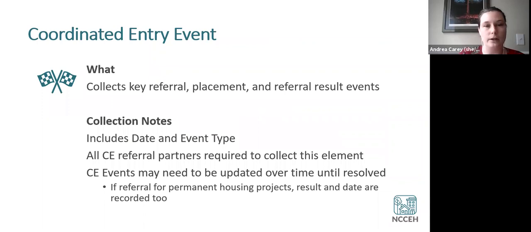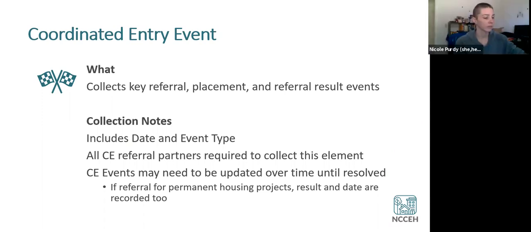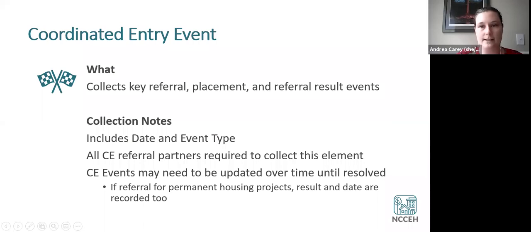Okay, let's go over coordinated entry events before we go and demo these two related elements. So the coordinated entry event pairs well with our coordinated entry assessment. This element collects key referrals, placement, and then the results of those referral events or circumstances.